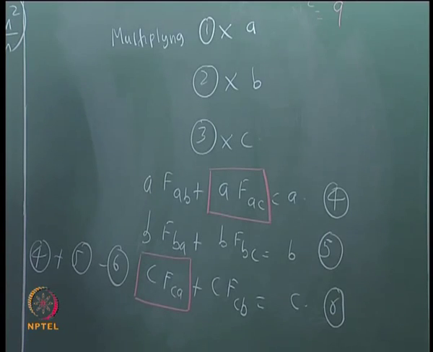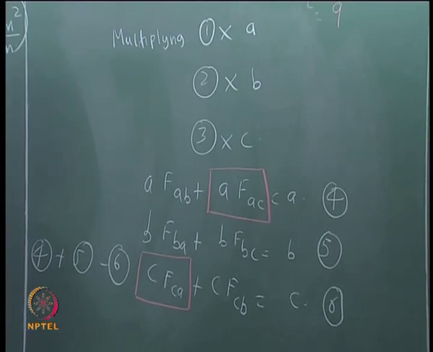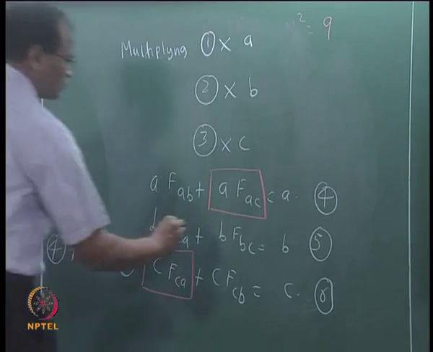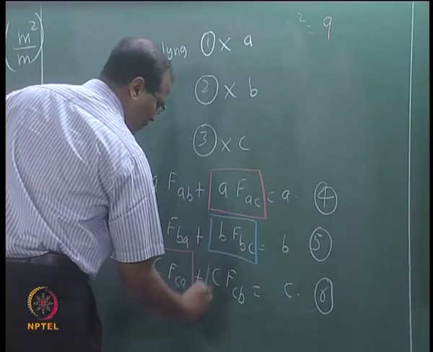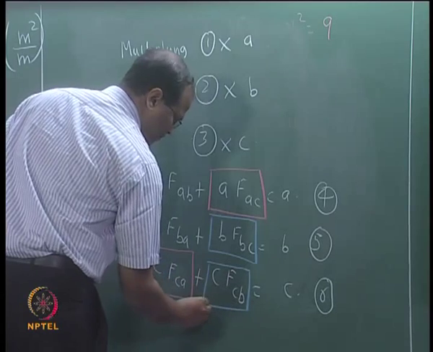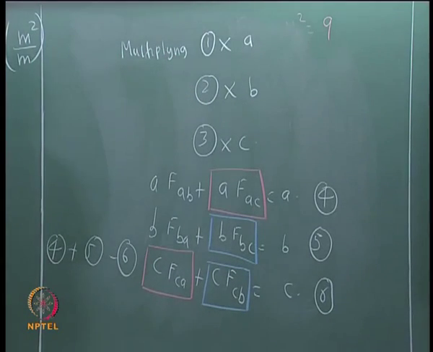Which other fellow will go? BFBC, right? Whatever is indicated in red color is the same, and we are subtracting one red from the other red, we are also subtracting one blue from the other blue, right.